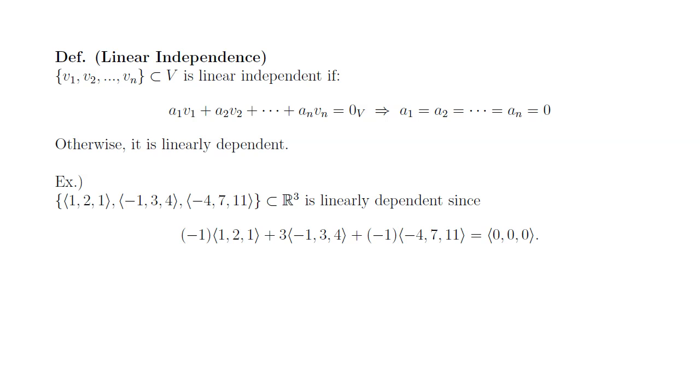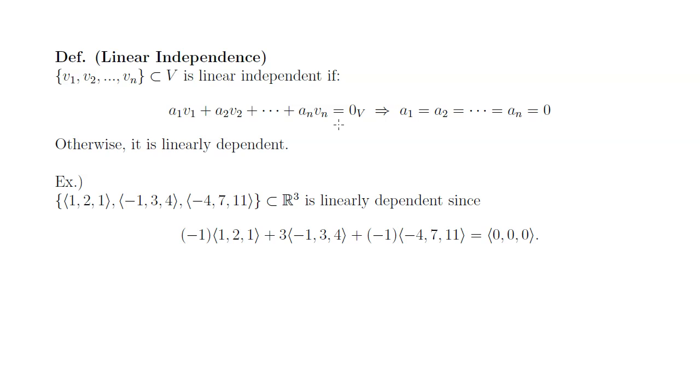All right, let's look at the definition of linear independence. The definition is quite simple. So you have, say, a set of vectors in a vector space V. We say that that set is linearly independent if the linear combination of those vectors happens to be equal to 0, which is the additive identity, then the only way that can happen is that all the coefficients must be 0.